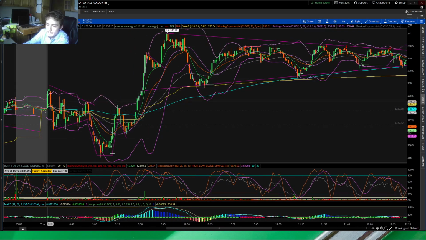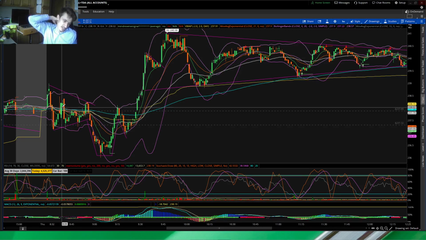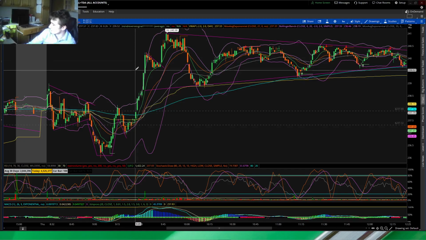You guys, I recommend not trading the open right away, because for one, 50% of stocks will reverse at the open breakout. So it doesn't matter how strong that breakout is, it has a 50% chance that it's going to reverse.